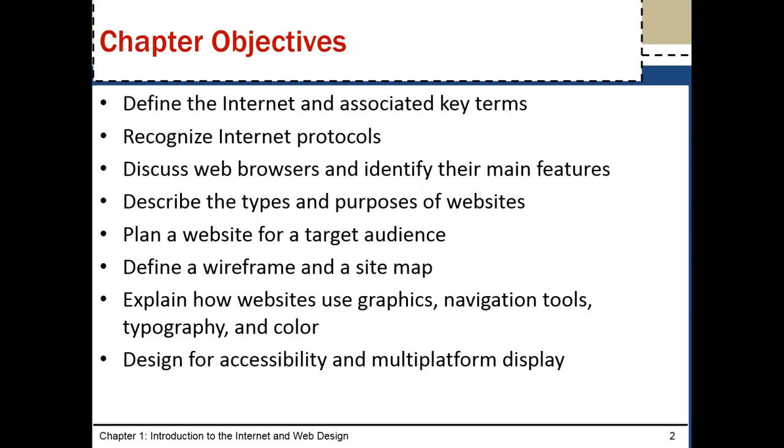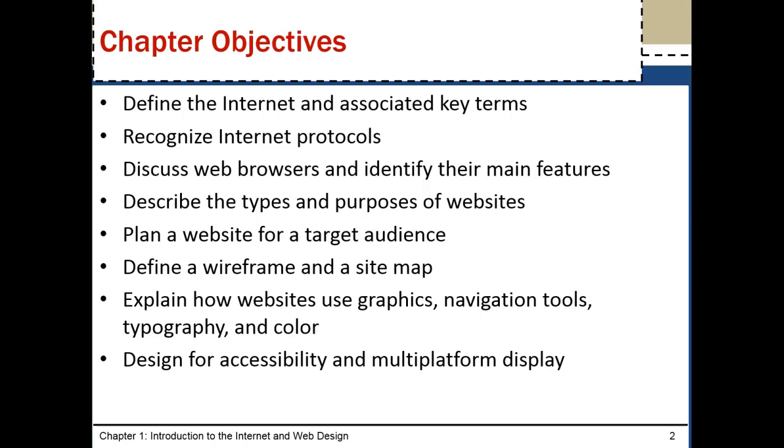Also, we are going to talk about the purpose of the website, why we need to have planning for our website. And we are going to talk about wireframe and sitemap, which are the important components of a website. We will also explain how a website should use graphic navigation tools, typography, and color.